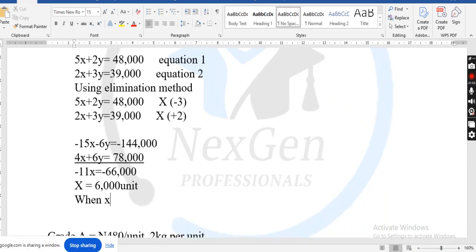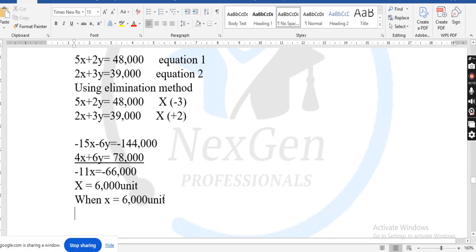When X is equals to 6,000 units, this is mathematics, so when X is equals to 6,000 units, what will be your Y? From our equation, which of these equations are we going to substitute?